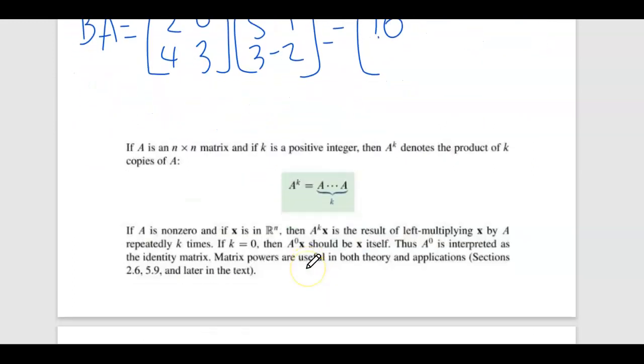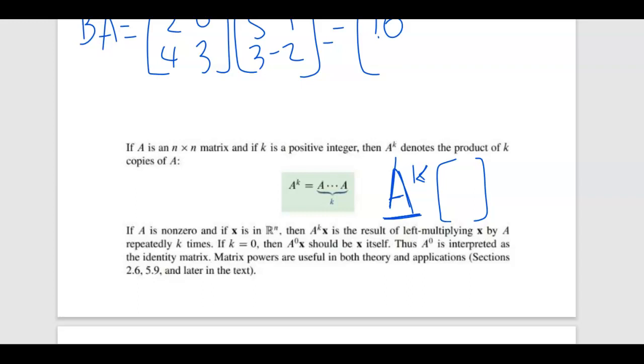A couple other things about properties. If you end up having A to the K, you want to make sure you multiply A by itself K times. And as long as A is non-zero, and X is a vector of real numbers, then A to the K times X is the result of multiplying that vector X on the left-hand side by A, K times.